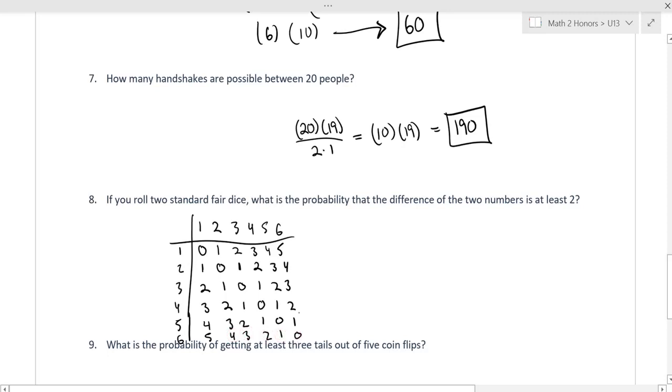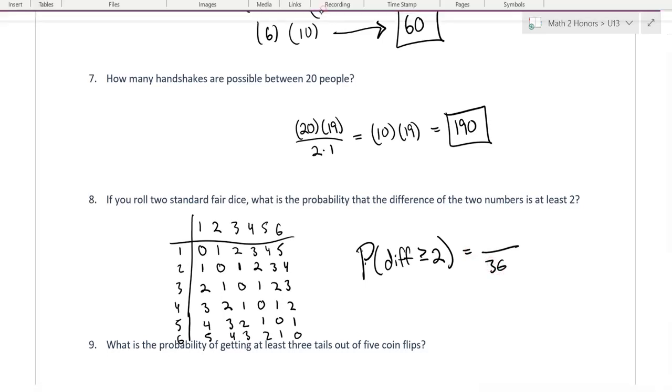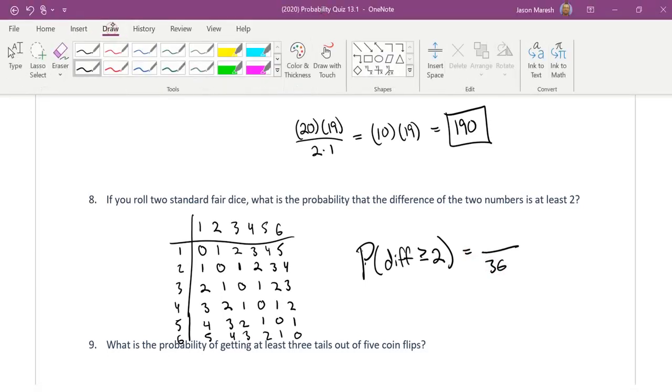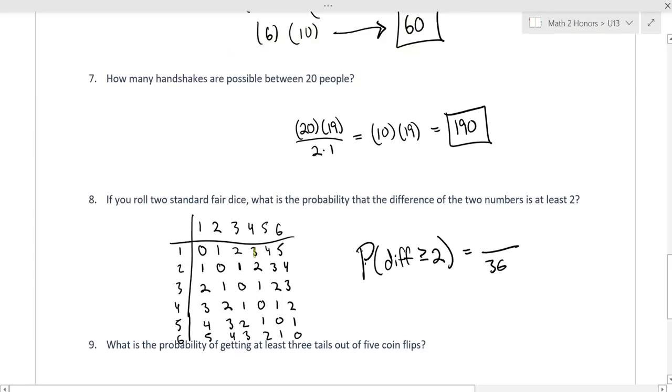All right, so there's our difference table. And so if you roll a standard dice, what's the probability that the difference is at least 2? So the difference is greater than or equal to 2. So it's out of 36. And let me see how many are greater than or equal to 2.